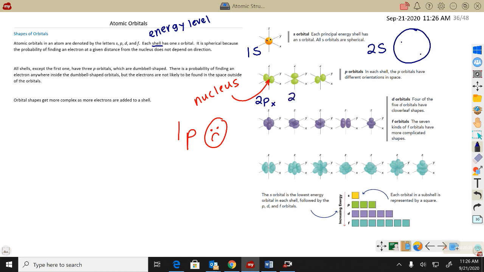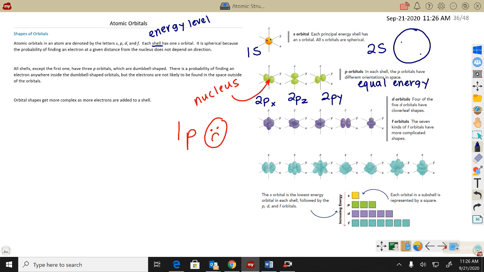This is the 2p on the z. And maybe this is the 2p on the y-axis. All equal energy. I'm going to put that in here. Equal energy. Just a little different orientation in space. And there are 3 of them.